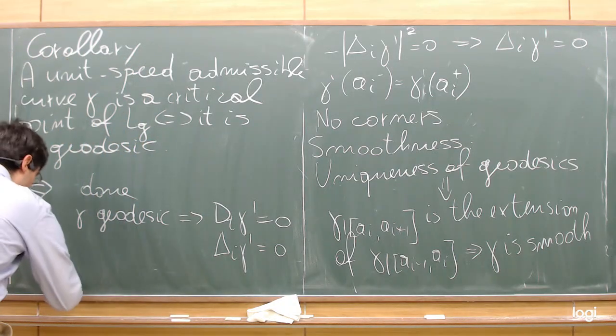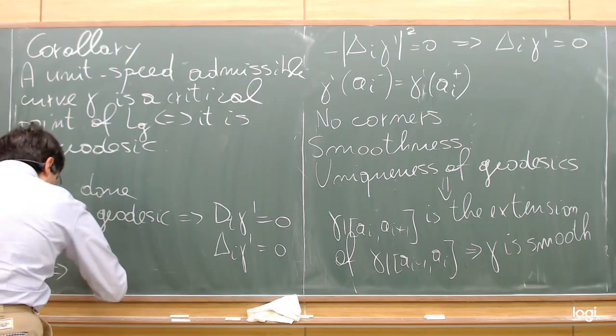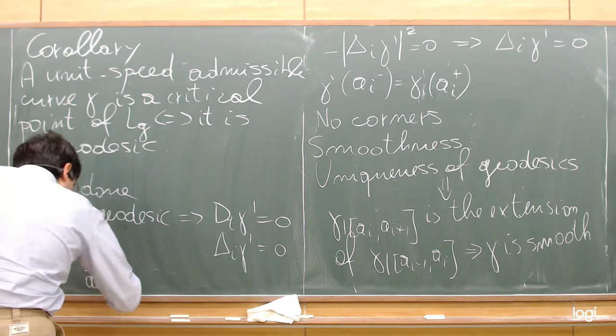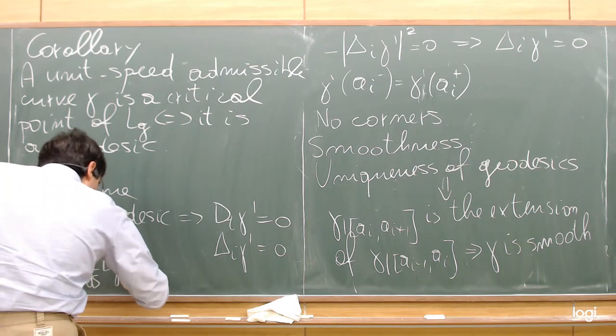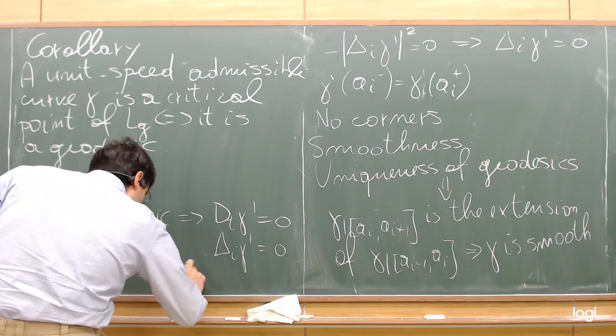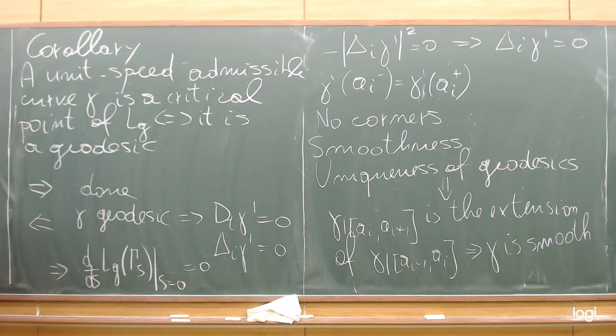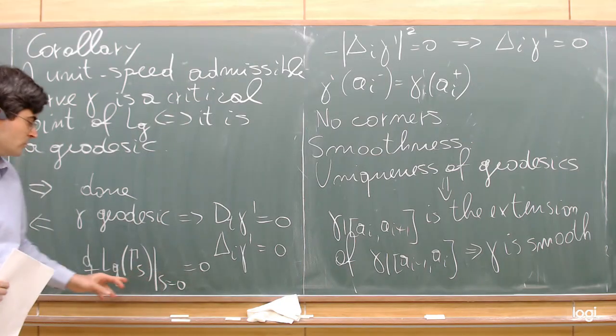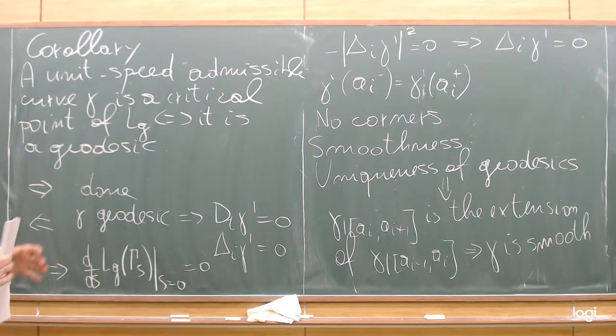This implies that d/ds LG of gamma_s at s equals 0 is equal to 0. So gamma is a critical point.